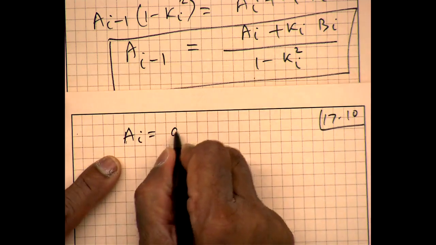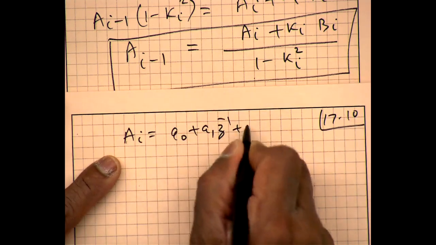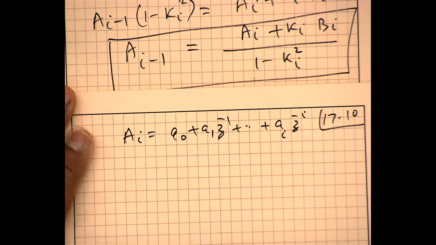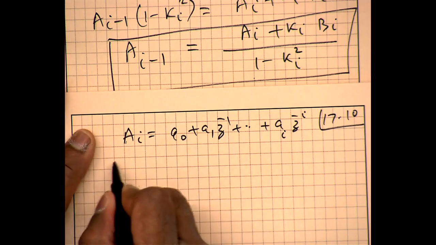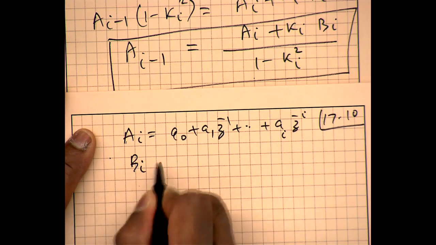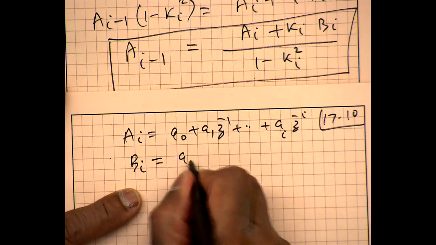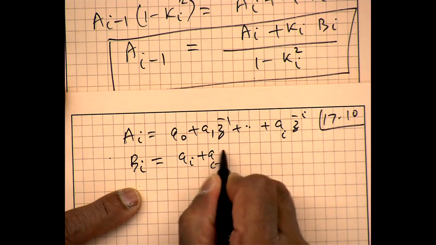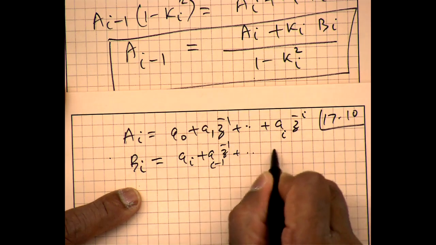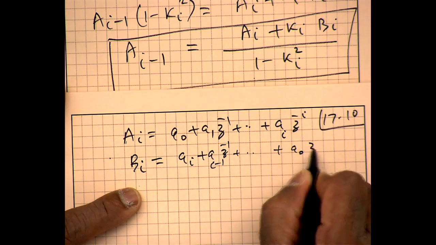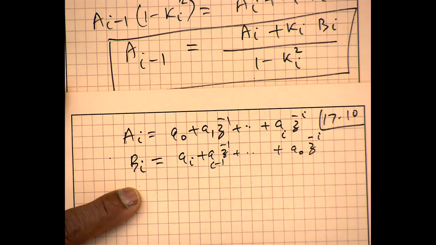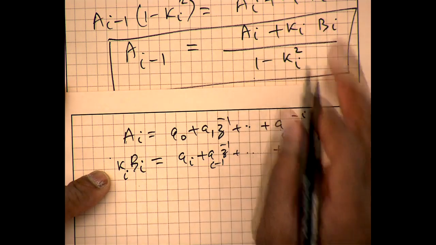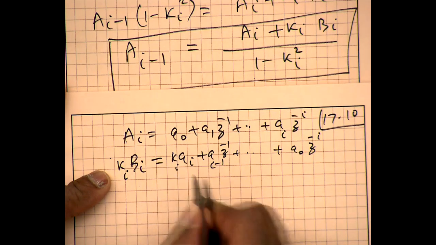So that's A0 plus A1 z to power minus 1 and so on up to Ai z to power minus i. That's Ai. And then Ki, so Bi is the reverse polynomial, which is going to be Ai plus Ai minus 1 z to power minus 1 and so on up to A0 z to power minus i. And then multiply this by Ki, because we have Ki times Bi. So these are all multiplied by Ki.